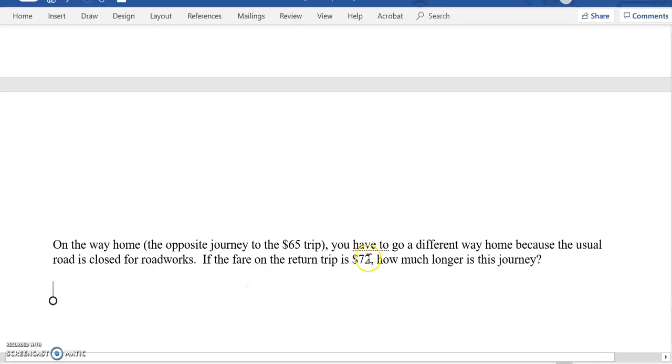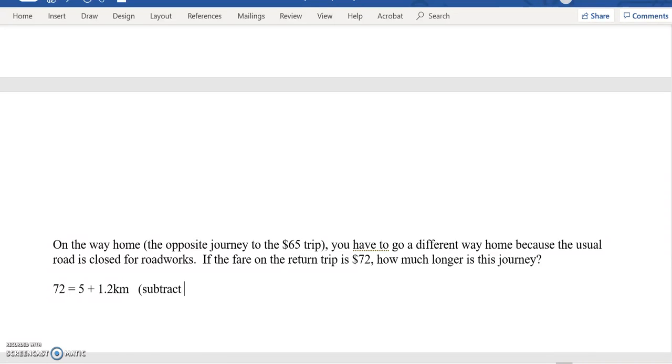So let's see how long this journey is going to be. So $72 is the fare, and we still start with $5 plus, and I'll get this right this time, 1.2 times the number of kilometres. So let's start by subtracting 5 from both sides.